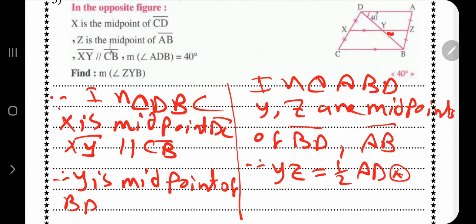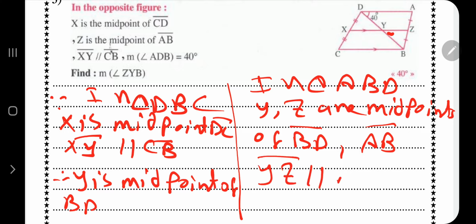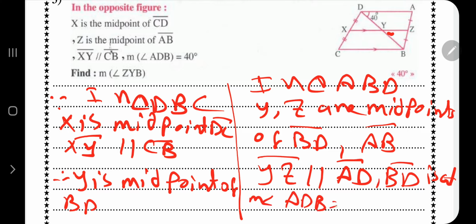And also YZ is parallel to AD, and BD cuts them, so the measure of angle ADB equals the measure of angle BYZ, which equals 40, corresponding angles.